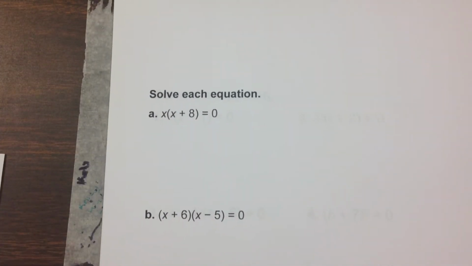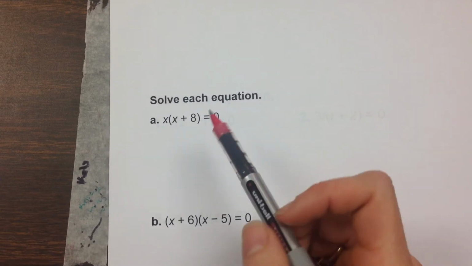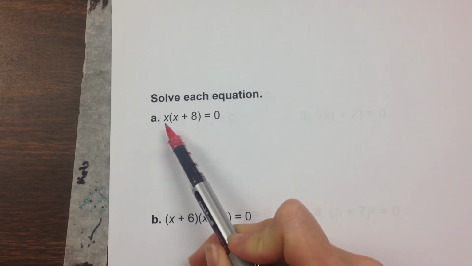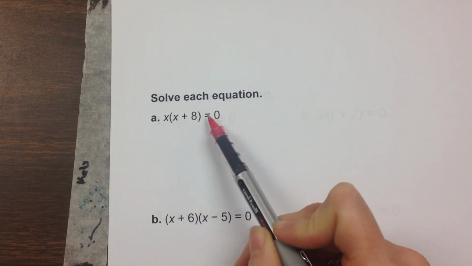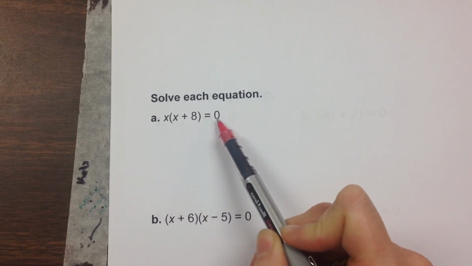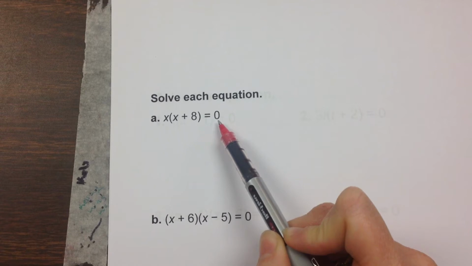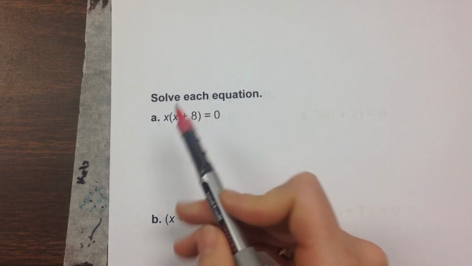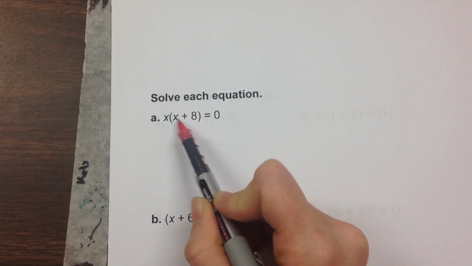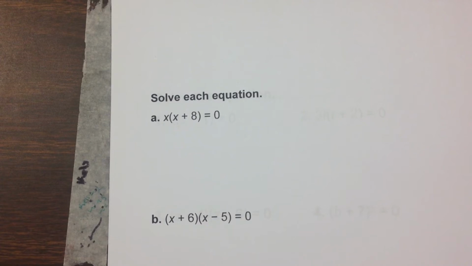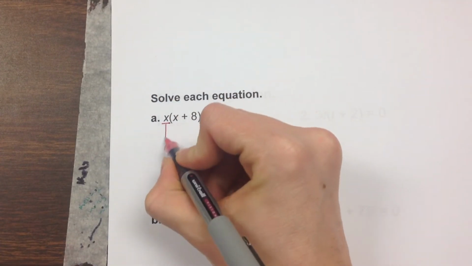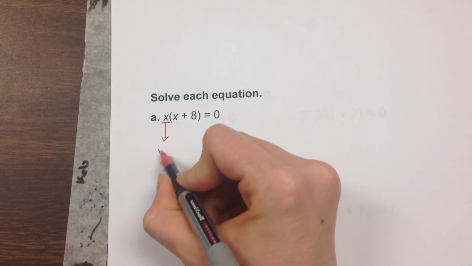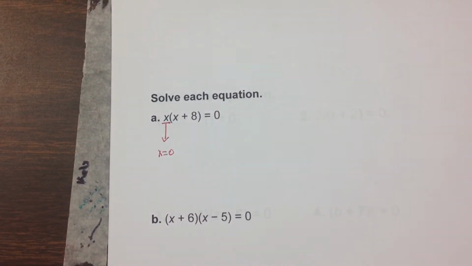So here they are. We are going to solve them. We have a polynomial in factored form equal to 0. So we're going to use that property that says if the answer is 0, then one of these or both of these could be 0. So I'm going to take this one and I'm going to say x could be 0.